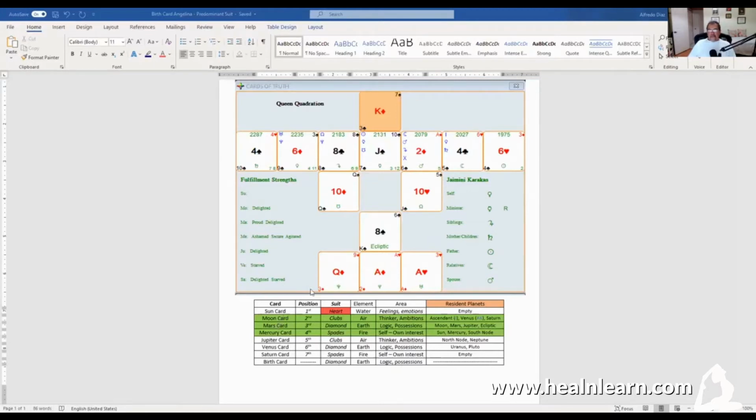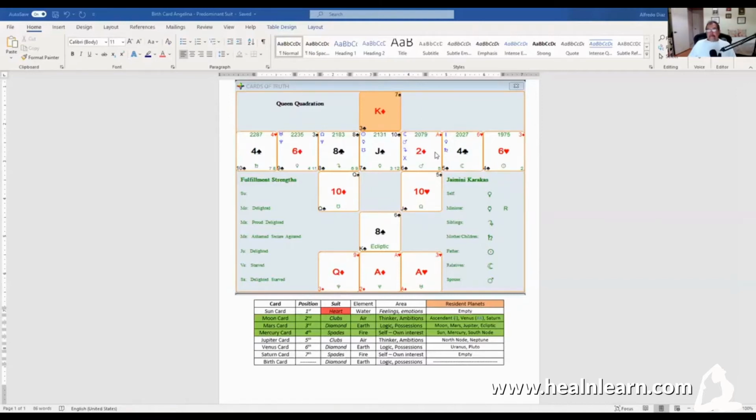And we can see here the Sun card, Moon, Mars, Mercury, Jupiter, Venus, and Saturn card. What I check here are these little blue figures that define the planets inside of the position of the card.